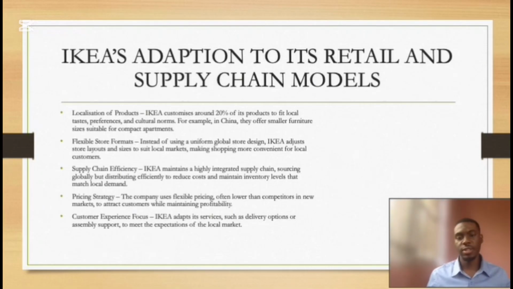They used flexible pricing, often lower than that of their competitors in the market, to attract customers while maintaining profitability. Customer experience. IKEA adapted its services, such as delivery options and assembly support, to meet the expectations of local markets.